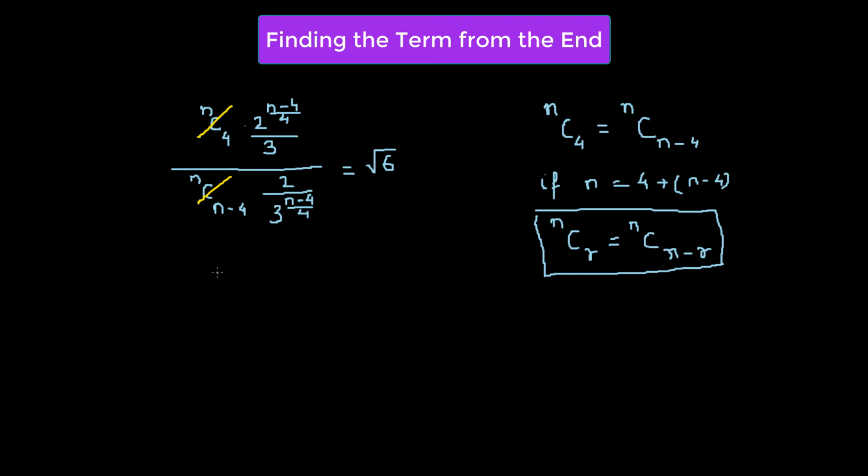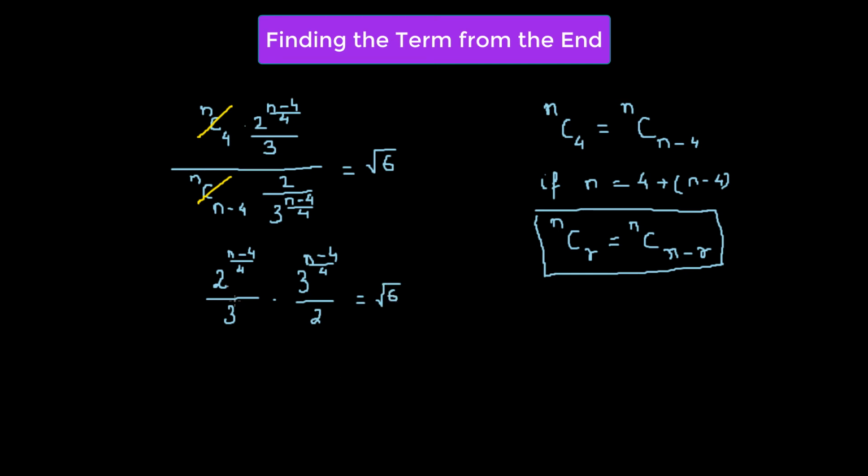Now we simplify this expression. So we'll be left with 2 raised to the power of (n minus 4) over 4 divided by 3, times 3 raised to the power of (n minus 4) over 4, divided by 2, which is equal to root 6.